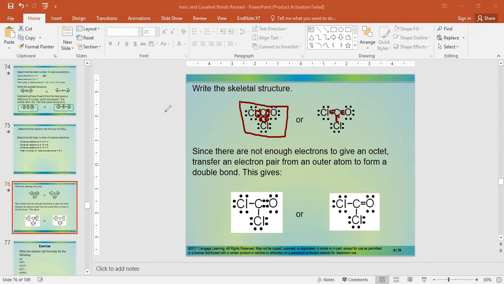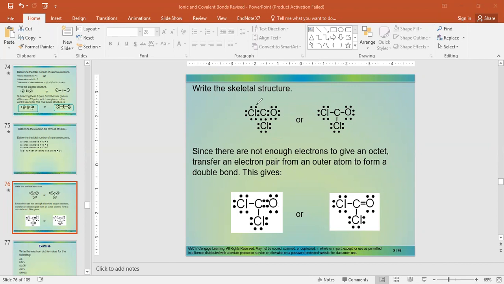So after we have ensured that the chlorine atoms and the oxygen atom have the 8 electrons that they require, the octet, we ask ourselves, what is the total number of electrons that we have so far used?